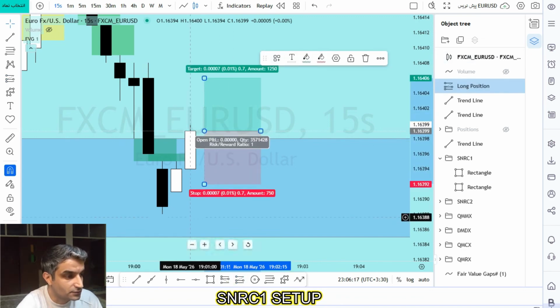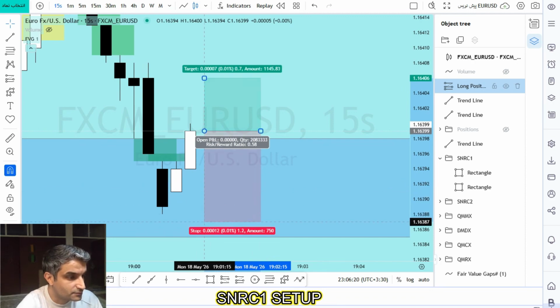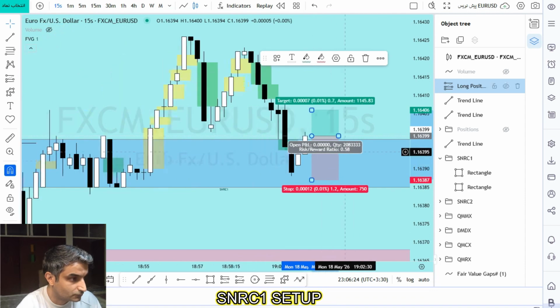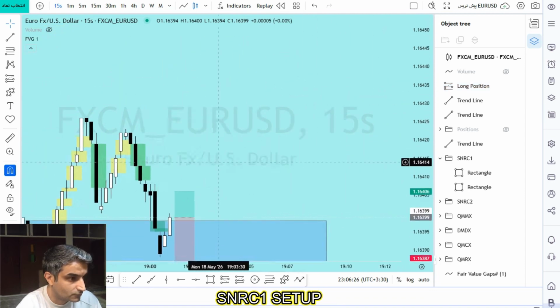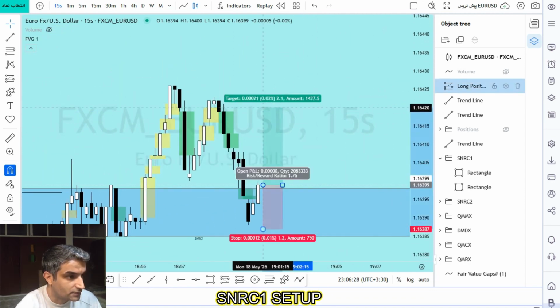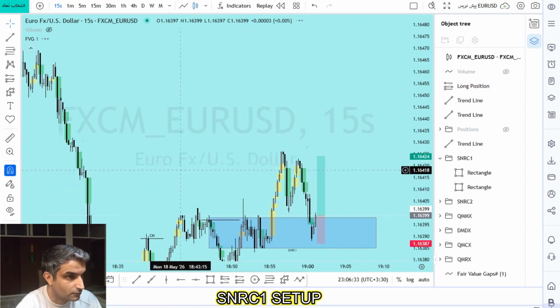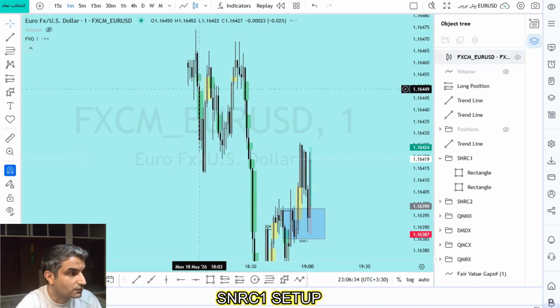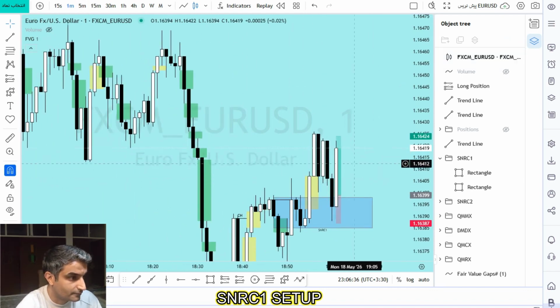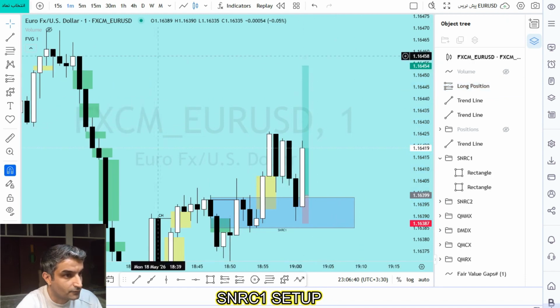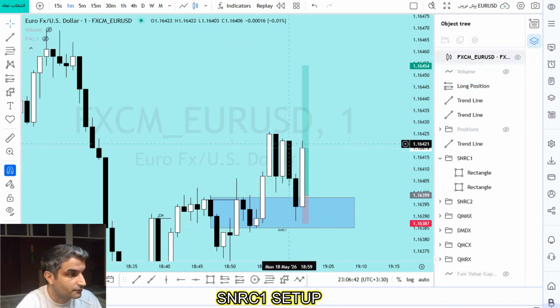After this candle closes, put our stop loss below here. And about the target, let's see what will happen. Change it to the 1 minute. And turn it off. Okay.